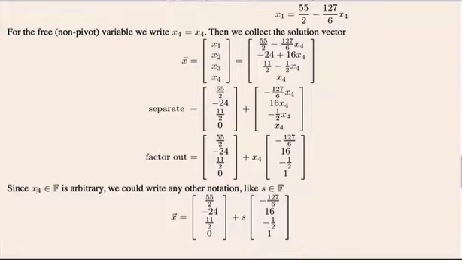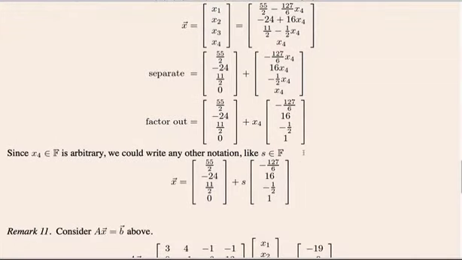Then it's easier actually to say that instead of writing x4 arbitrary scalar, we just replace it with another arbitrary kind of scalar notation s. And we say that the general solution x is this vector plus s times another vector where s can be any scalar. So we also have infinitely many solutions, by the way, because s is arbitrary.